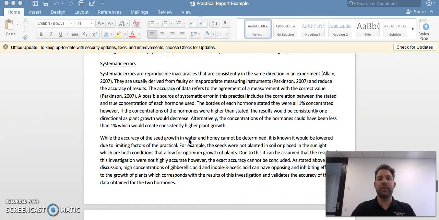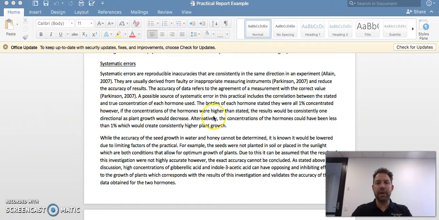After this, the example then goes into the systematic errors. It shows that systematic errors are linked with accuracy, and there's a definition of what a systematic error is with reference. And then there's a definition of what accuracy is with a reference.